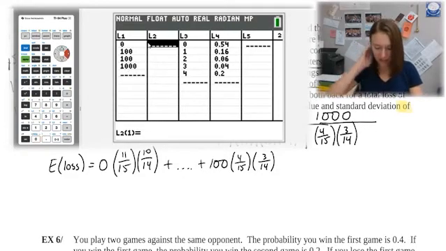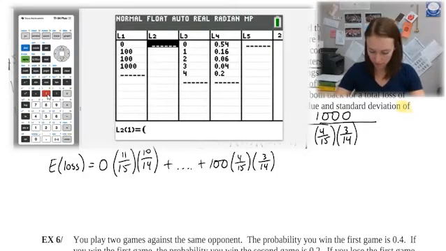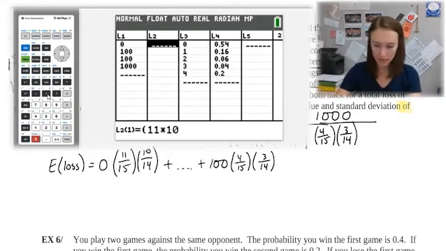And then here I'm going to have, okay, so let me see. I can actually put numbers in here. So 11 times 10, and then, oops, delete.